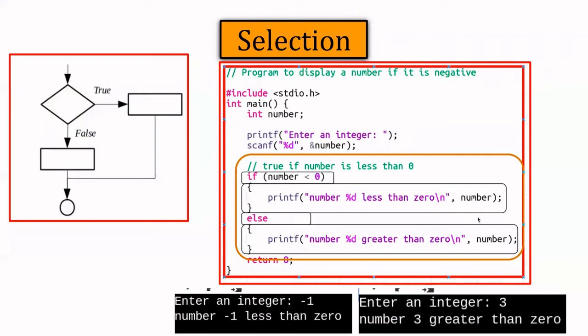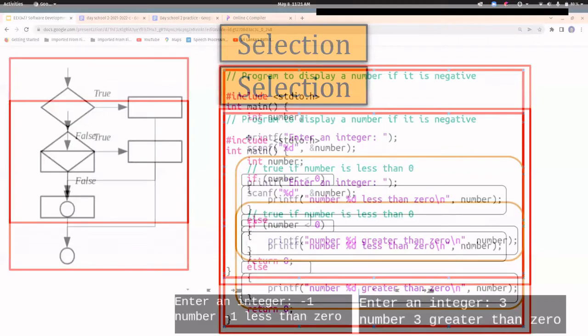In printf, you can input the variable after the closing inverted commas, then a comma. After the comma, you have to write the variable name, and then close the bracket, and the semicolon indicates the end of the instruction. Okay, I will copy this program also to this.